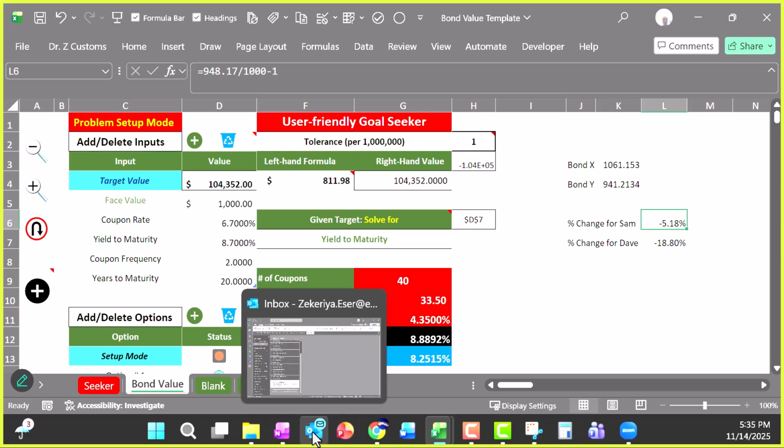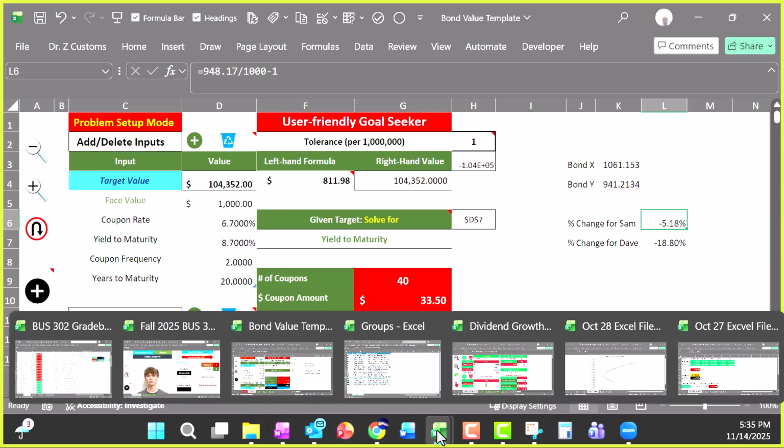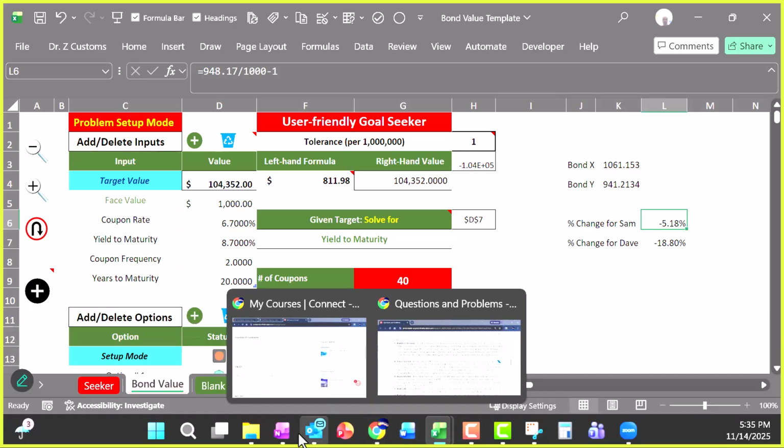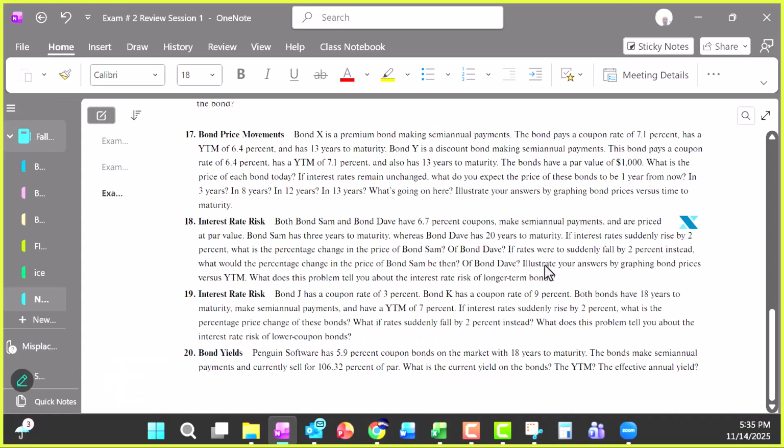And the reason for this is this bond Dave has a longer maturity. Everything else being the same, the bonds that have longer maturity will lose more of their value as yield to maturity goes up, which means it is riskier.